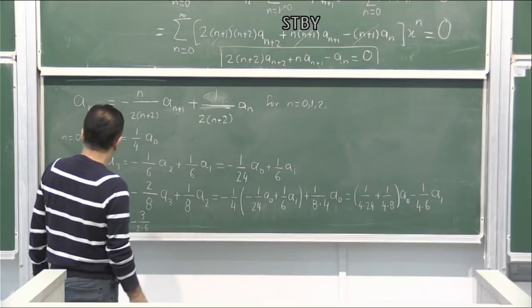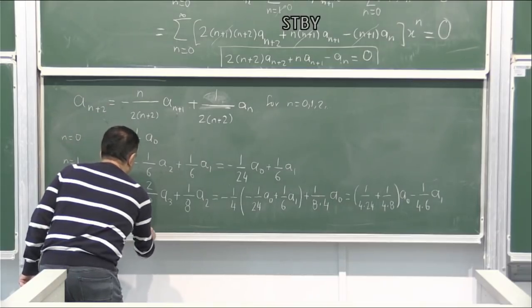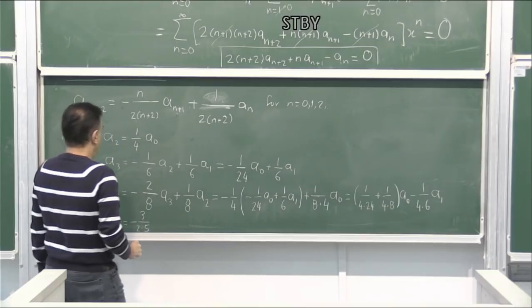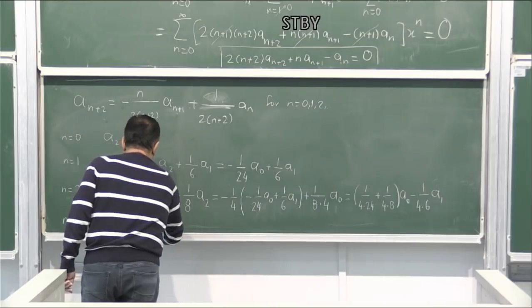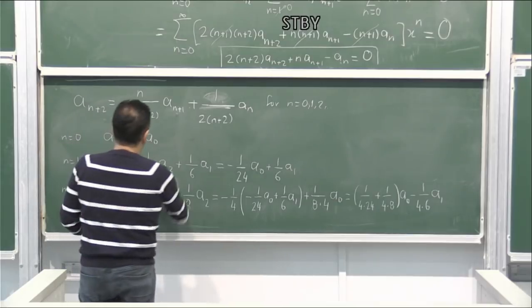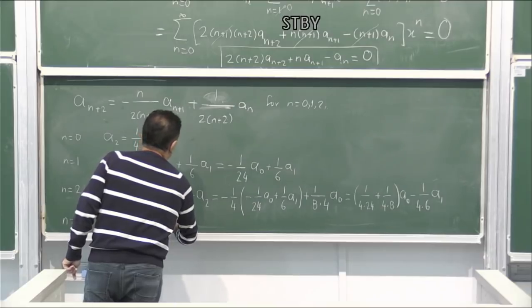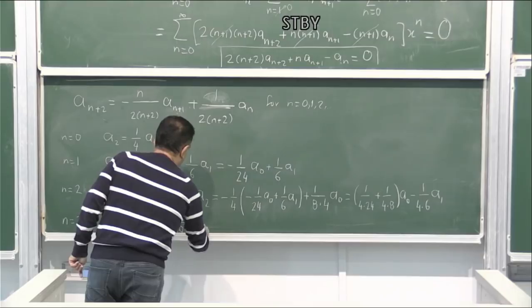No, 3 times 5. So we have 3 over 10, correct? 2 times 5 times A4 plus 1 over 10 A3.